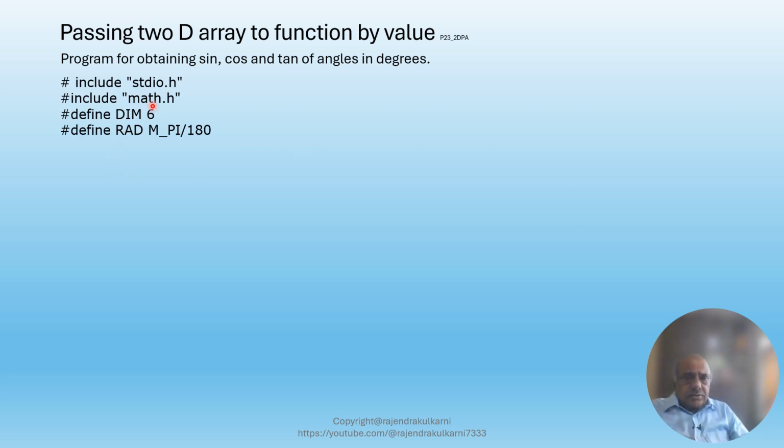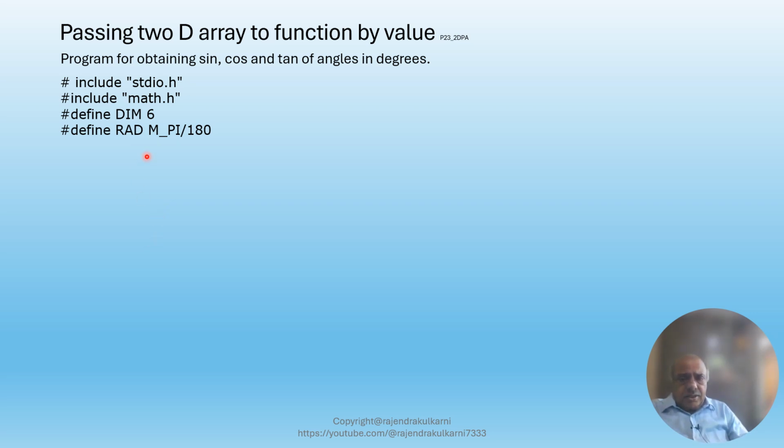We have declared two macros here, #define DIM 6 and #define RAD. So DIM will be replaced by the value 6 wherever it appears in the program, and RAD will be replaced by a value calculated by M_PI divided by 180, where M_PI is a constant of pi value declared in the file math.h, which we have included in our program.